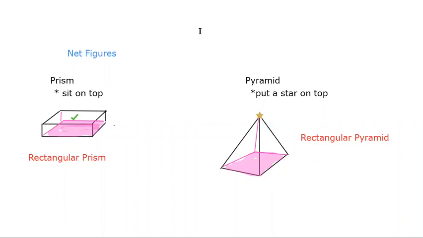But now what about other shapes, other polygons? What if you had a base that was a hexagon? And this might be a challenge for me to draw, but we'll see.